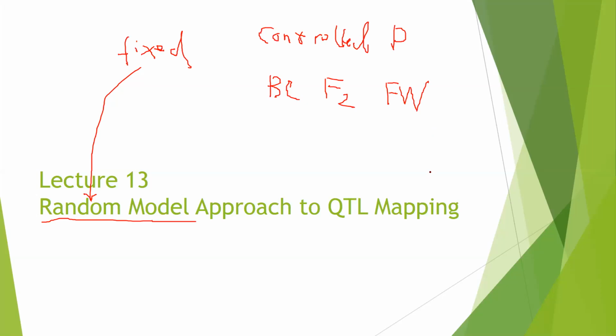The reason we call those controlled populations is that at each locus there are very limited alleles. For example, in a backcross or F2 population, at each locus there are only two alleles, either A1 or A2. In the four-way, we may have four alleles from four founding parents: A1, A2, A3, and A4.